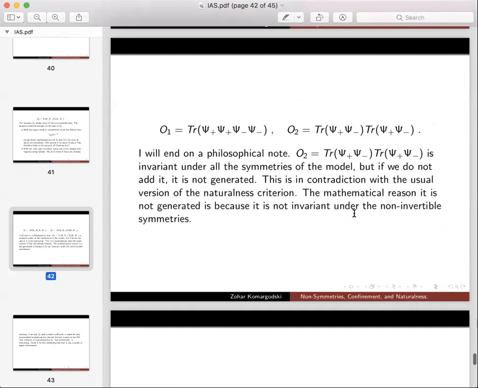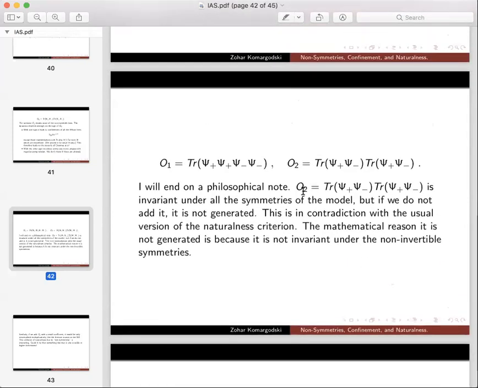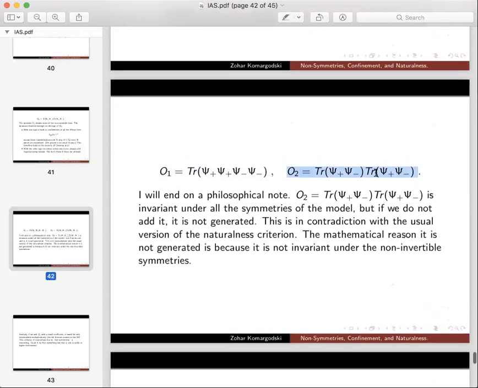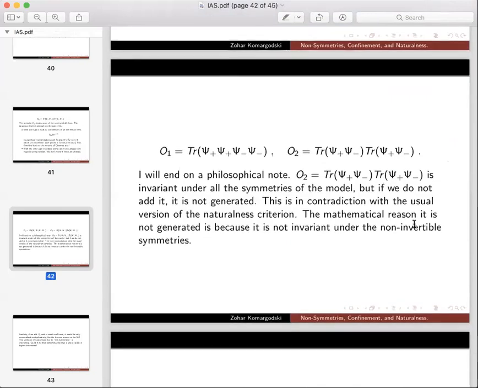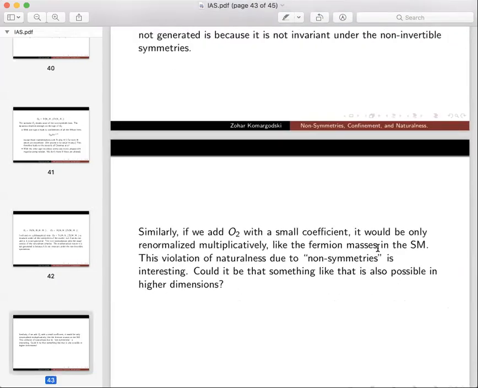Of course, the whole problem of the Higgs mass fine-tuning and naturalness is about why it is not generated with a large coefficient. Here we see an example of an operator that is actually dangerous. It changes the dynamics quite substantially, but it's not generated because of some hidden non-invertible symmetries.